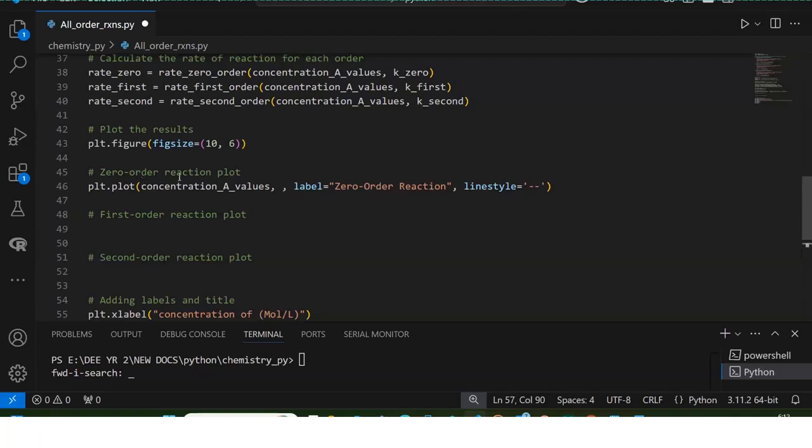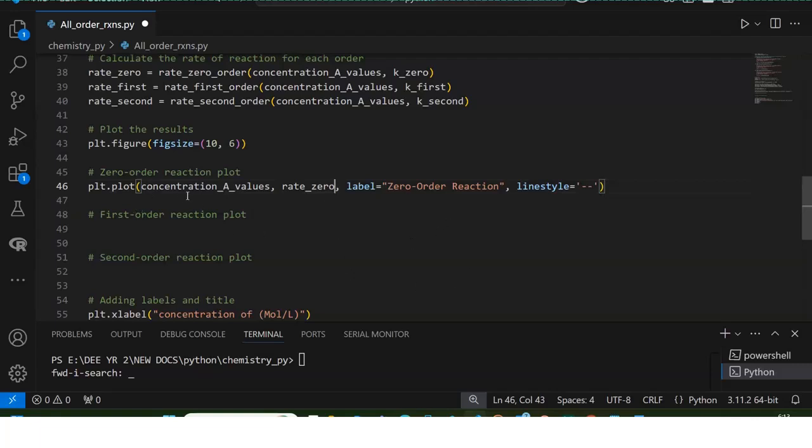So the zero order reaction plot, we said it is going to be a plot of concentration of A values. So the rate that we have here, we have rate 0. Remember, all this has been defined because this is on the x-axis, this is on the y-axis. So we are putting it in the form of coordinates x, y.